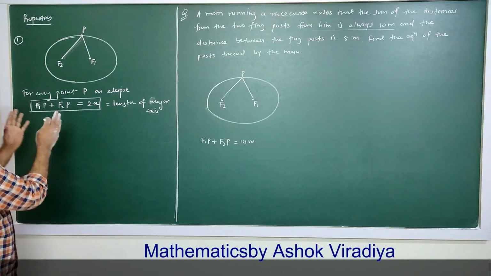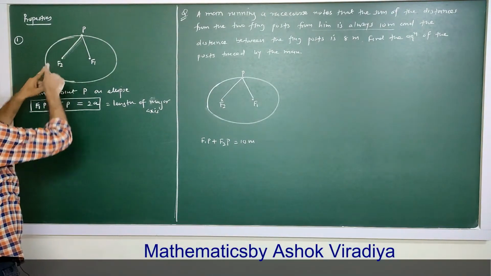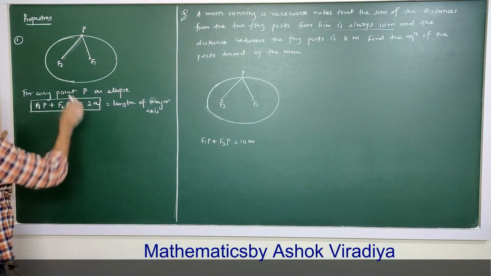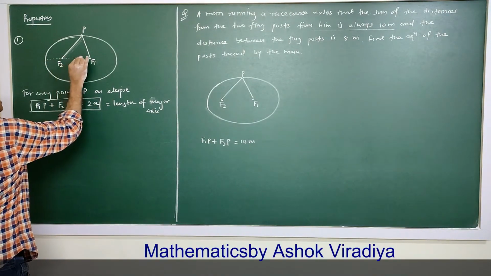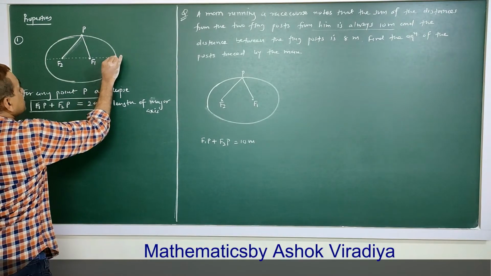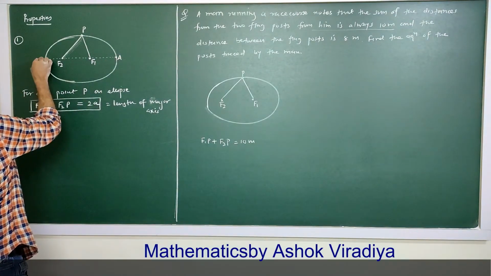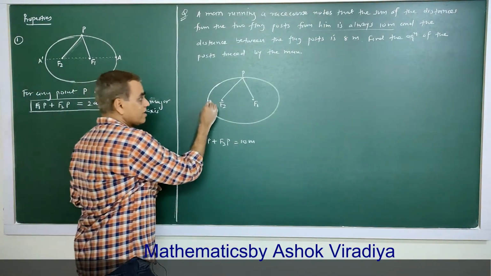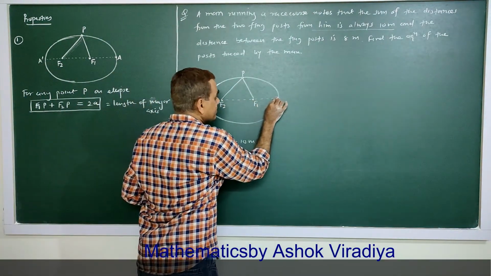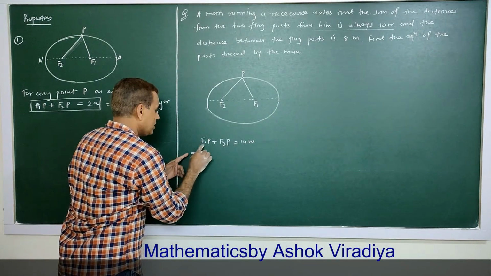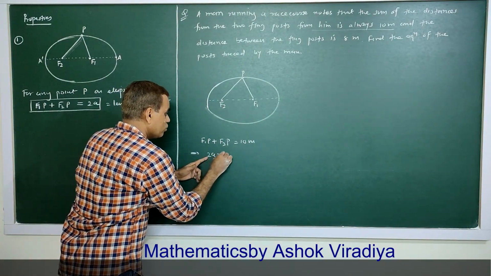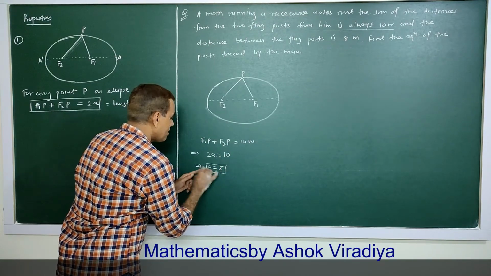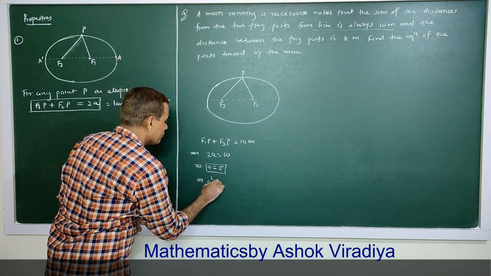Now, by this property, the sum of these distances is always the length of the major axis, which we know is 2 times a. So 2 times a is 10, so the value of a is 5, and a square is 25.